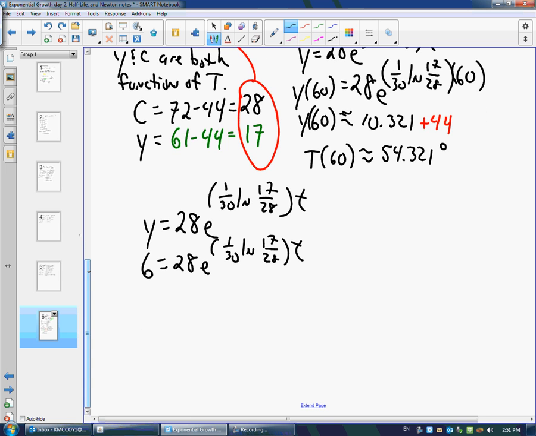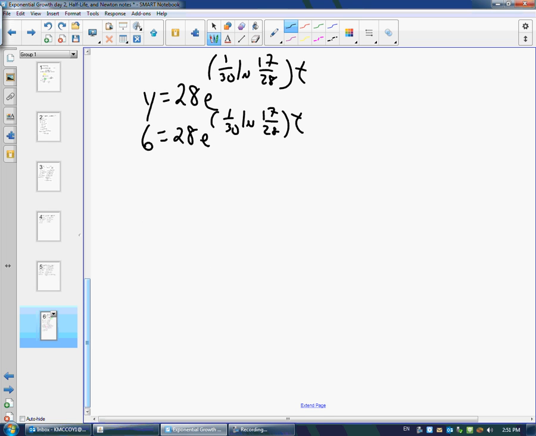All right, real quickly solving this thing for t. We're going to get 6 over 28. 6 over 28 reduces to 3/14. Then we take the natural log of both sides.